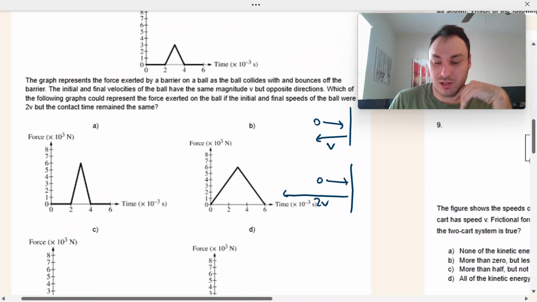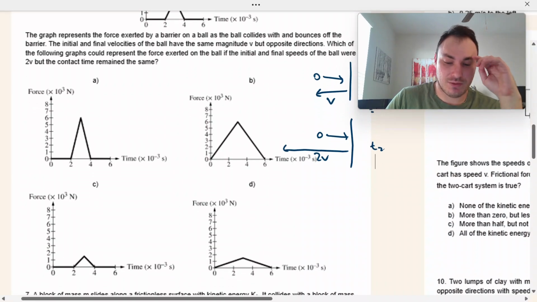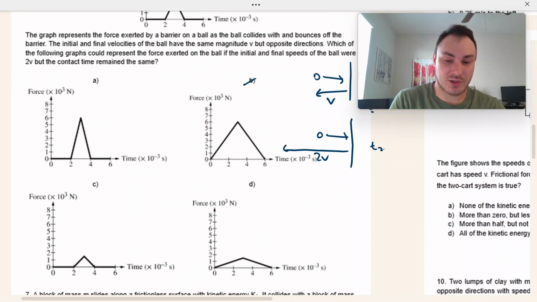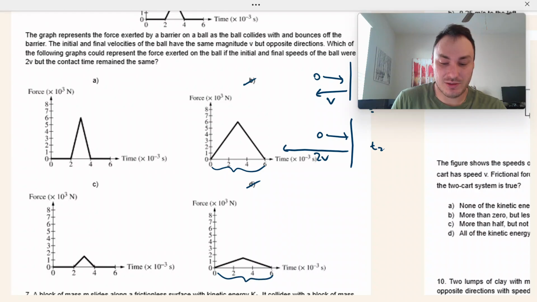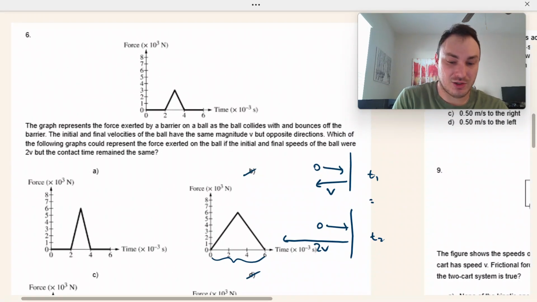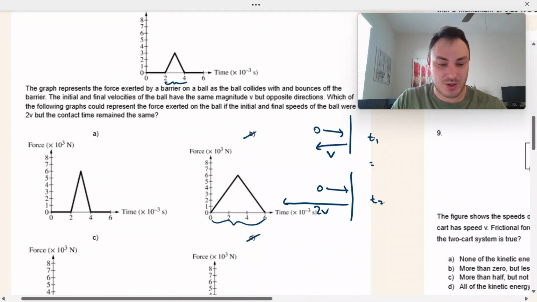We are told that the collision times for both of these are the same. So T1 has to equal T2. So first off, these two graphs, B and D, are out because they both have a collision time of 6, whereas this one has a collision time of 2. And we're told that the collision times are equal.